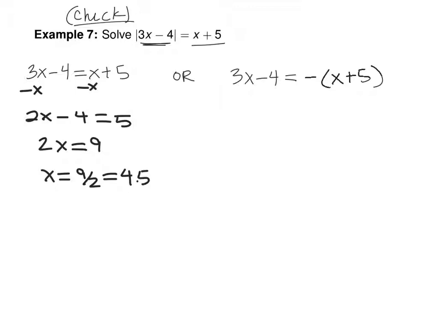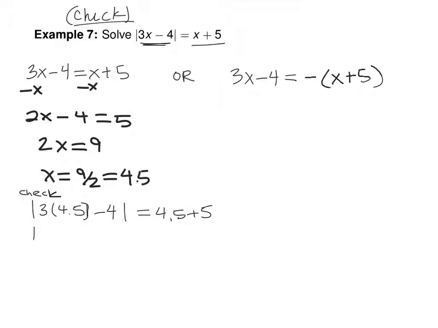So let's see. What is 3 times 4.5 minus 4? Does that equal 4.5 plus 5? Yes or no? So that's my little checking. Once I've checked it, I'll box it.